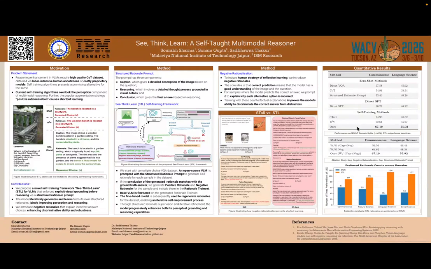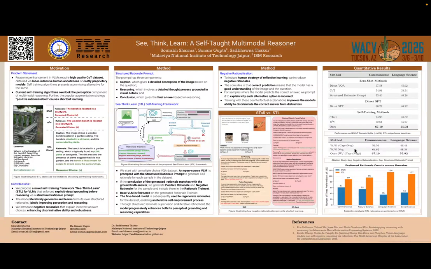We have also presented an ablation study highlighting the importance of two of our components, which are the structured rationale prompt and negative rationalization. Without both, the results are suboptimal. When we include the structured rationale prompt into our framework, the results are quite good.